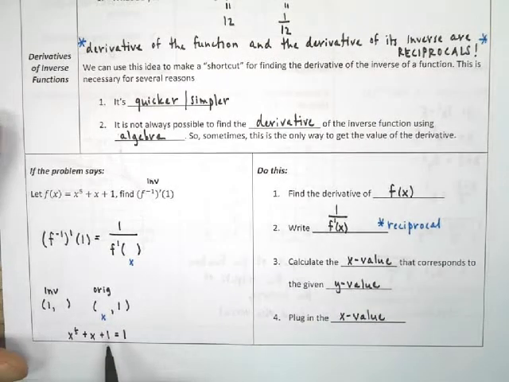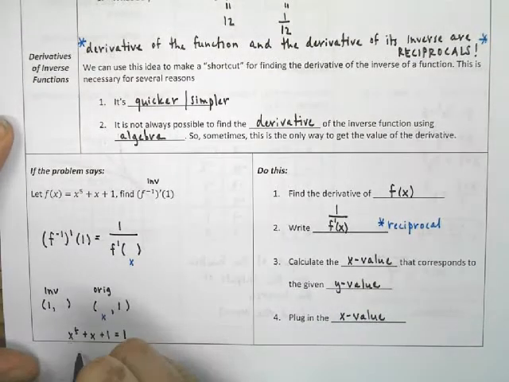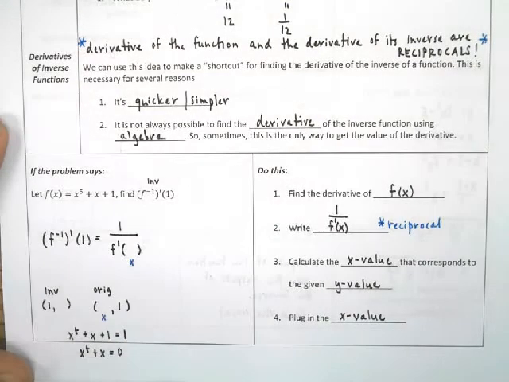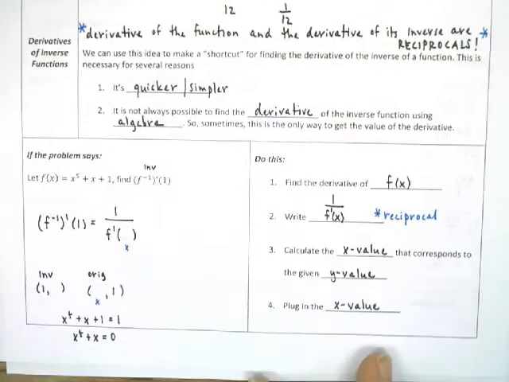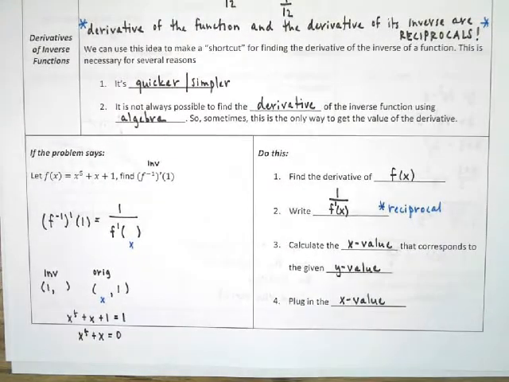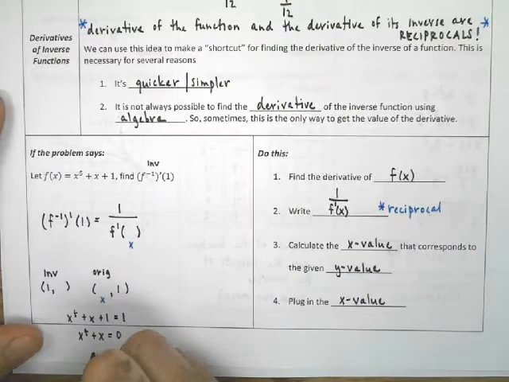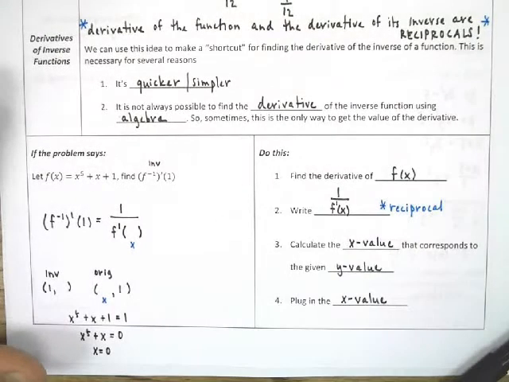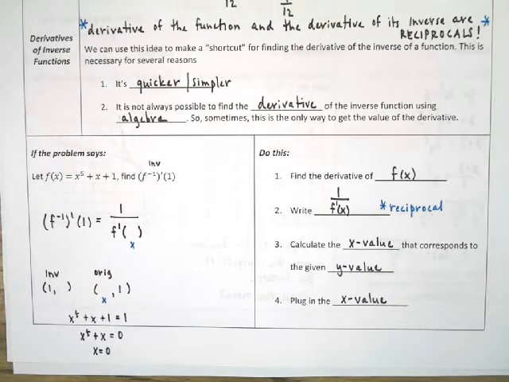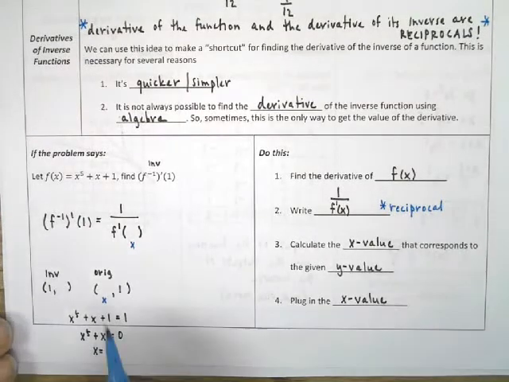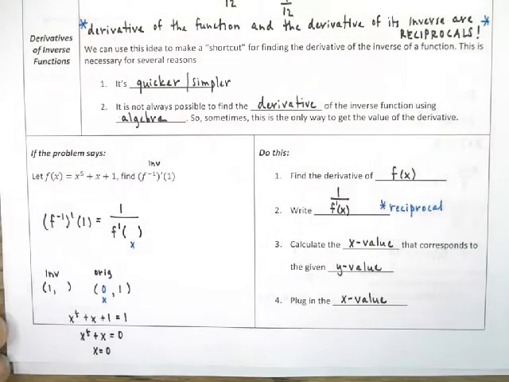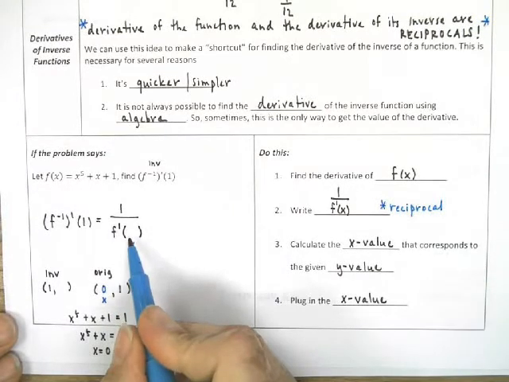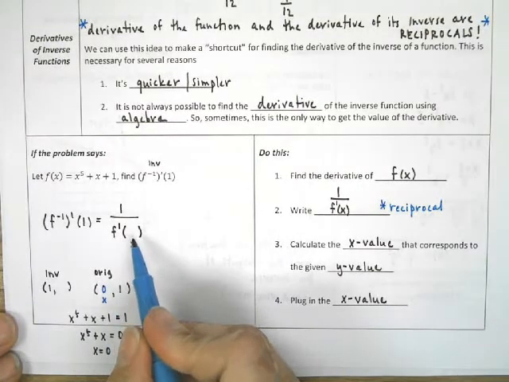If I subtract 1 from both sides, I get x to the 5th plus x equals 0. Well, right off, I know the only way to get 0 for that is if x is equal to 0. So now I know that x value from my original function, and that's what I'm going to plug in. I'm going to find f prime of 0.